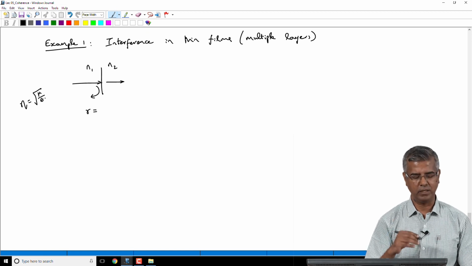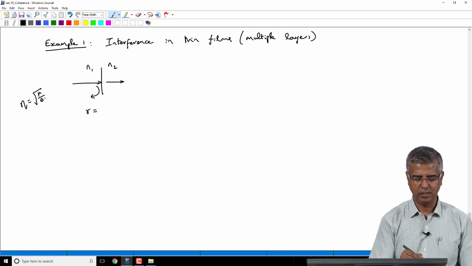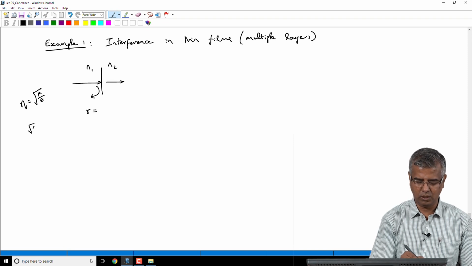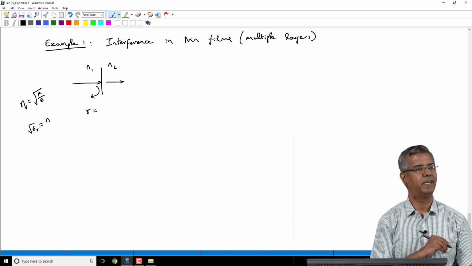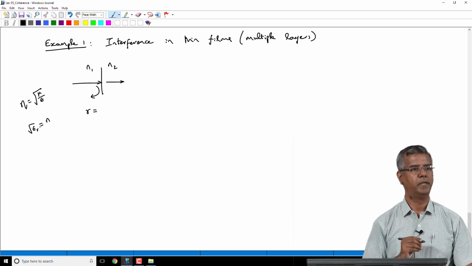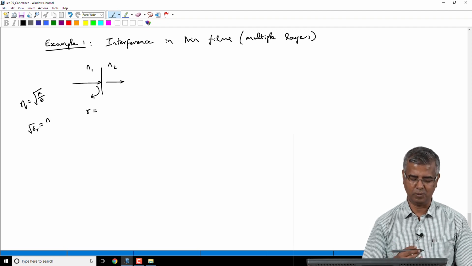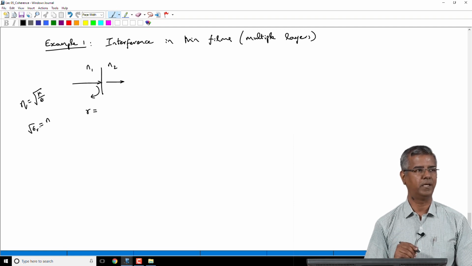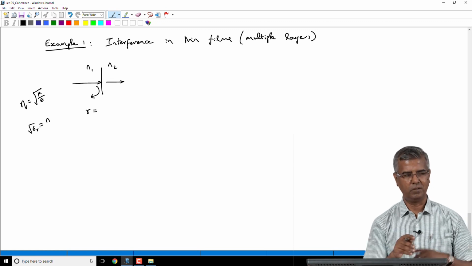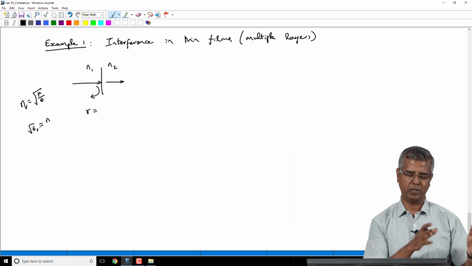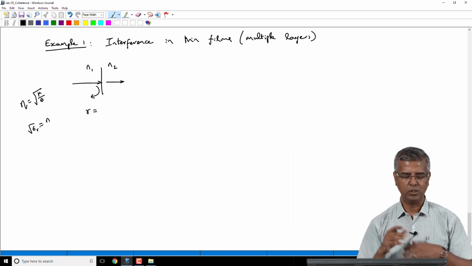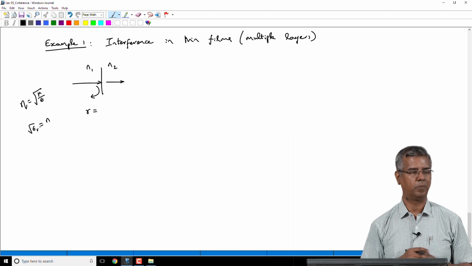So, it is inversely related to root of epsilon, and I would say that root of epsilon r, the relative permittivity, is nothing but the refractive index of a medium. Okay. So, maybe you have not heard that before, but I just tell you that root of that relative permittivity is nothing but the refractive index of the medium. So, we are going from whatever we learnt in electromagnetics to what we want to do in wave optics.